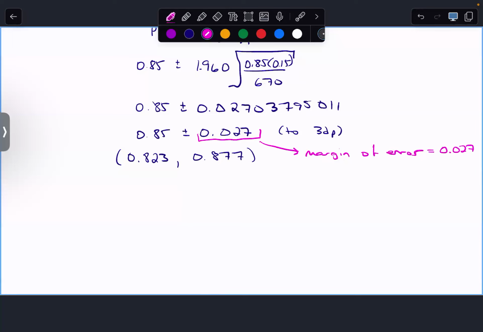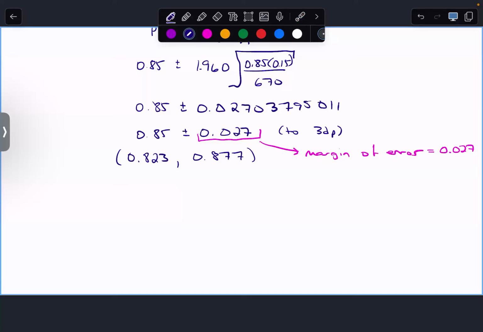And we'll be able to figure out what we need. But for now, we're just doing the confidence interval. Proportions are percentages, right? So 85% plus minus 2.7%, and so the margin of error can also be communicated as a percentage.